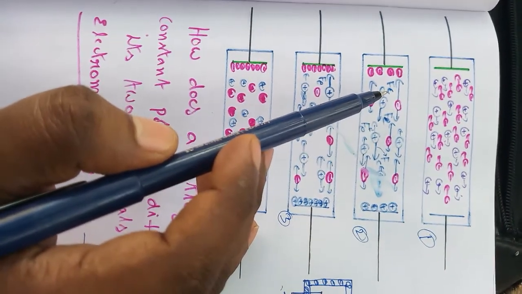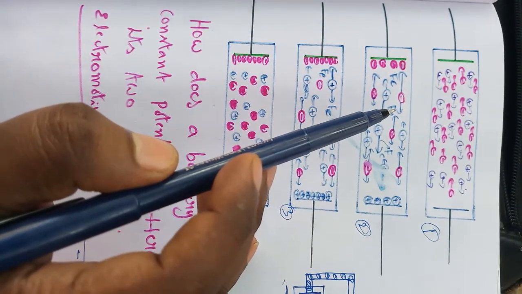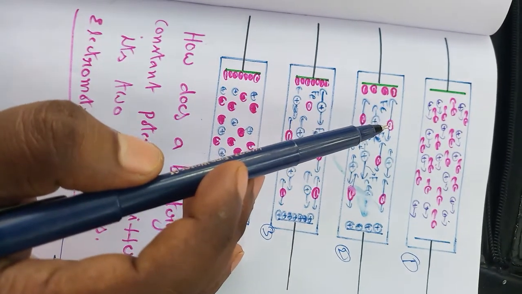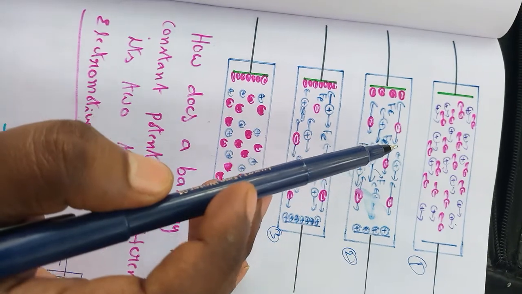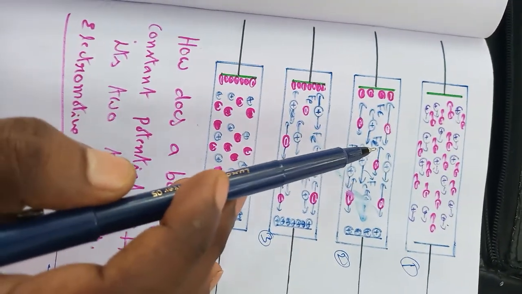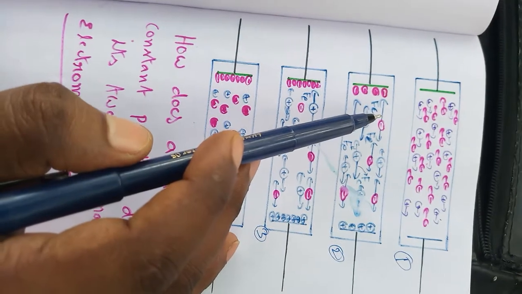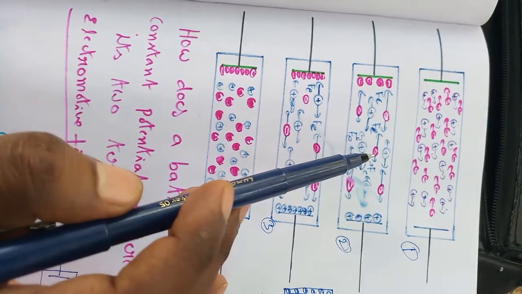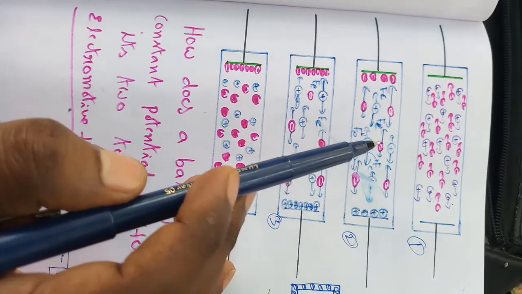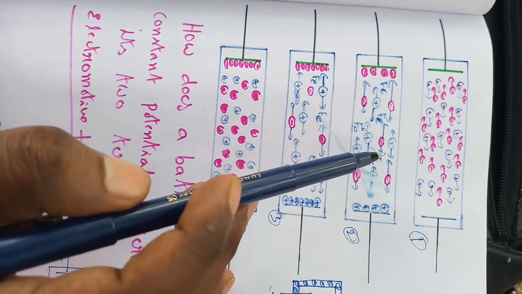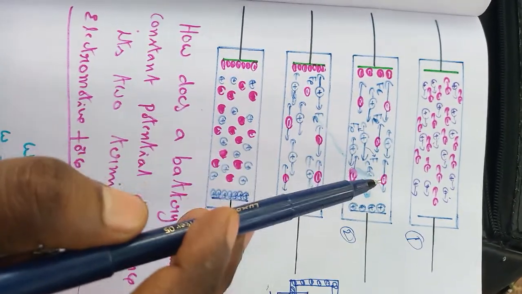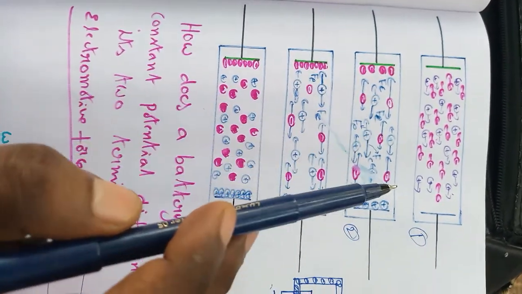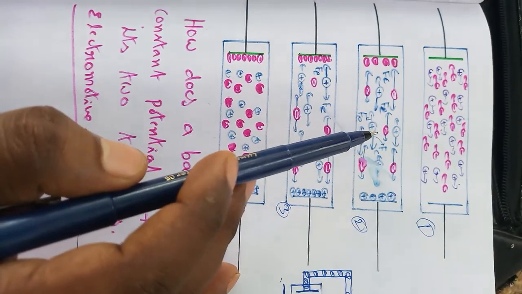So the chemical force and the electric force acting on a charge are in opposite directions. The chemical force acts in one direction, whereas the electric force acts in the opposite direction. Here the magnitude of the chemical force is greater than the electric force. When the chemical force is more than the electric force, it moves the ions and accumulates them on their respective plates.